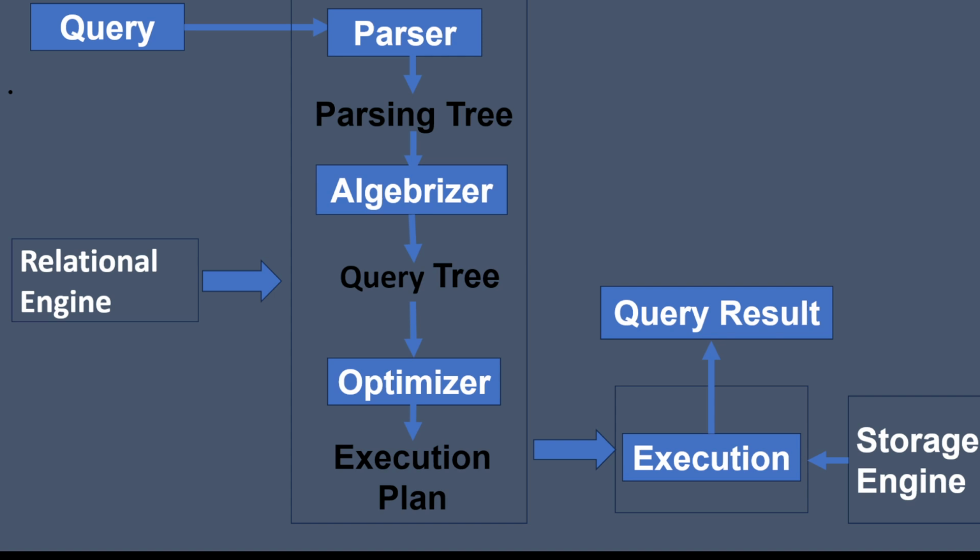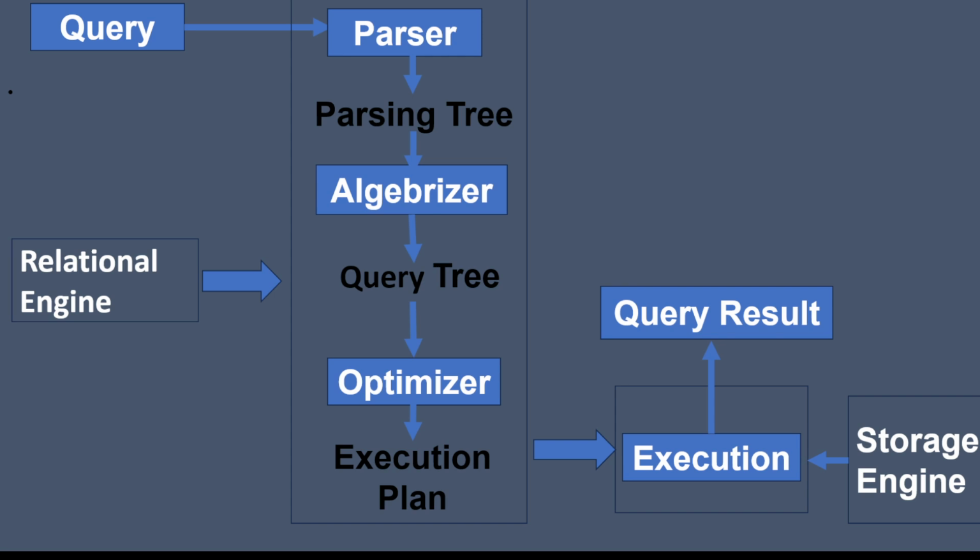Query parsing. Once the SQL query is submitted, it will be broken into individual parts and checked by the SQL Server relational engine to make sure it is written correctly. In layman language, you can say this will check for syntax errors, whether there is a syntax error or not.